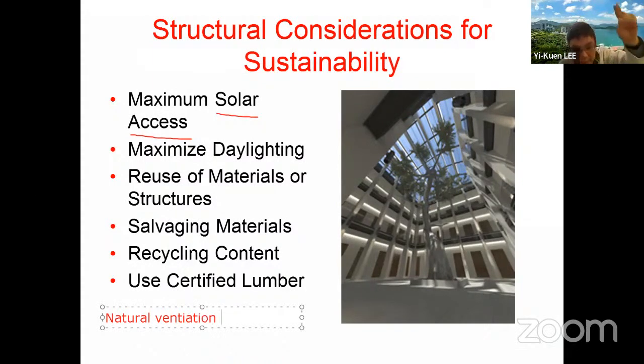So natural ventilation is another way we can think about green building design and minimize energy consumption. Some new buildings really try to leverage this natural ventilation.